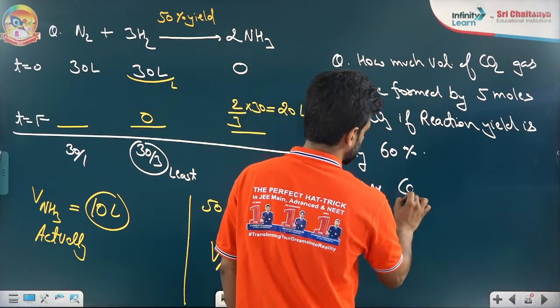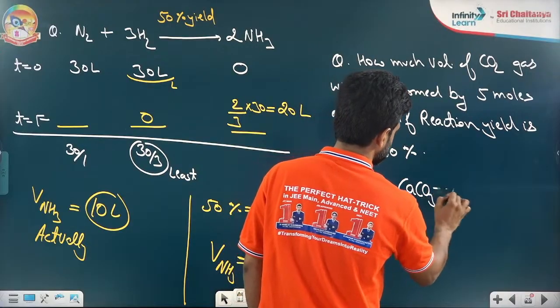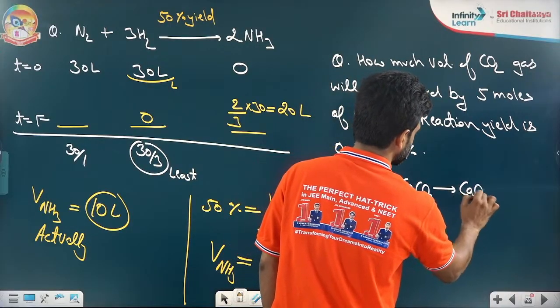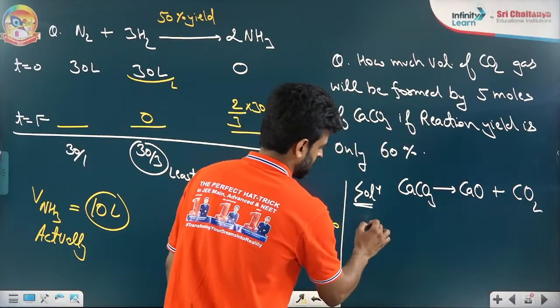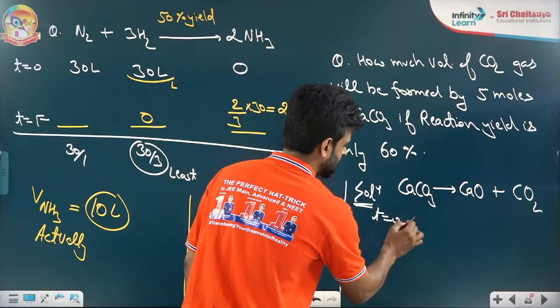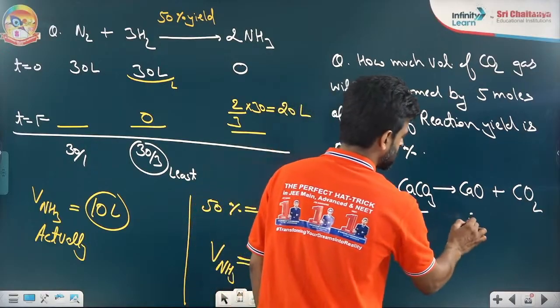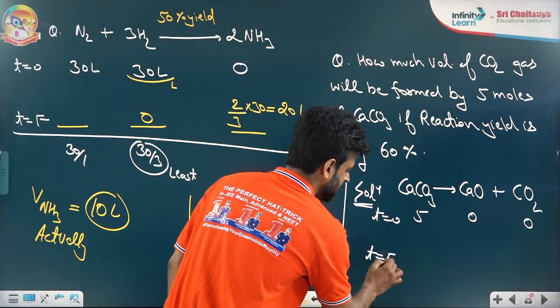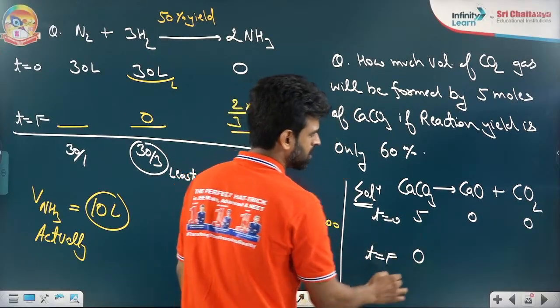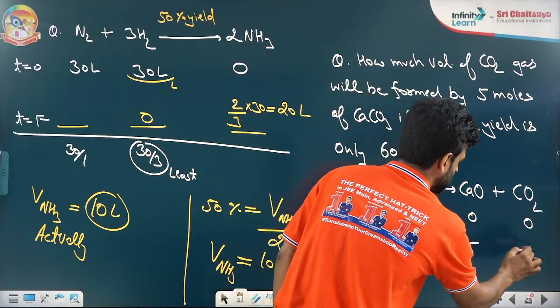The reaction we know, the most common one. CaCO3 gives CaO plus CO2. Initially they gave me 5 moles, 0, 0. Finally we expected it will finish to 0, 5 moles and 5 moles.